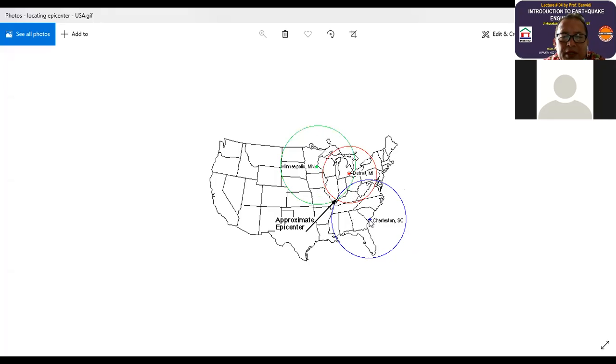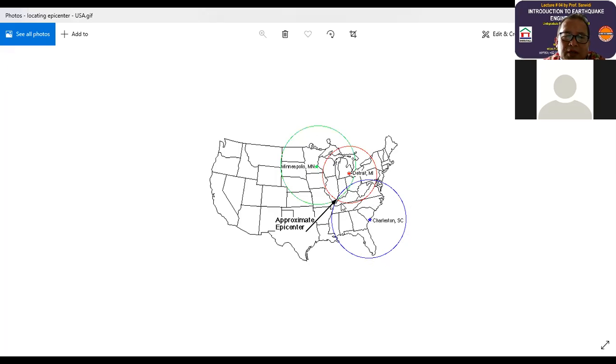Because in each seismograph record, they don't know the direction from where the vibration comes. They only know the distance. So from Detroit, Michigan, for example, it is about 100 kilometers, and we put the circle here.